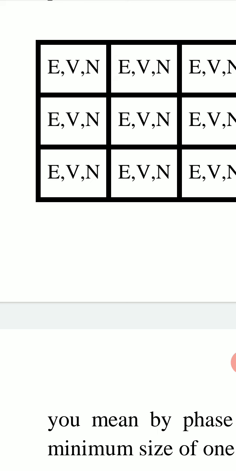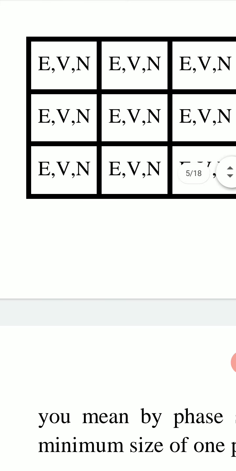Non-permeable means no particle can go from one system to another, so the number of particles capital N remains the same. So E, V, and N are the same for all these identical systems.